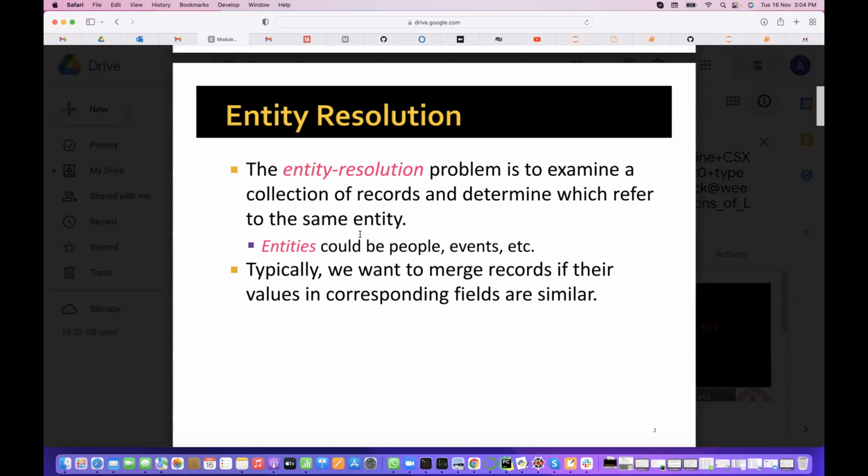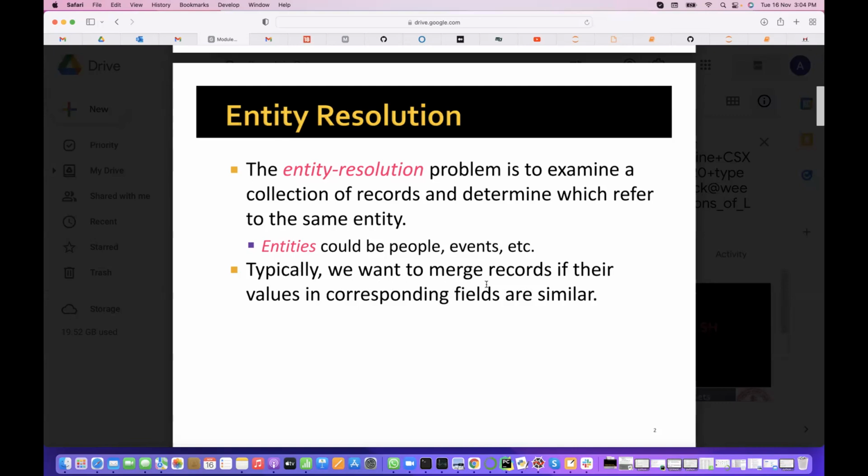Even then that will refer to the same entity, right? And sometimes in usage, the name will be written in 2 different ways. Then also they should be able to find out by looking at other fields there. So entities could be people, events, etc.